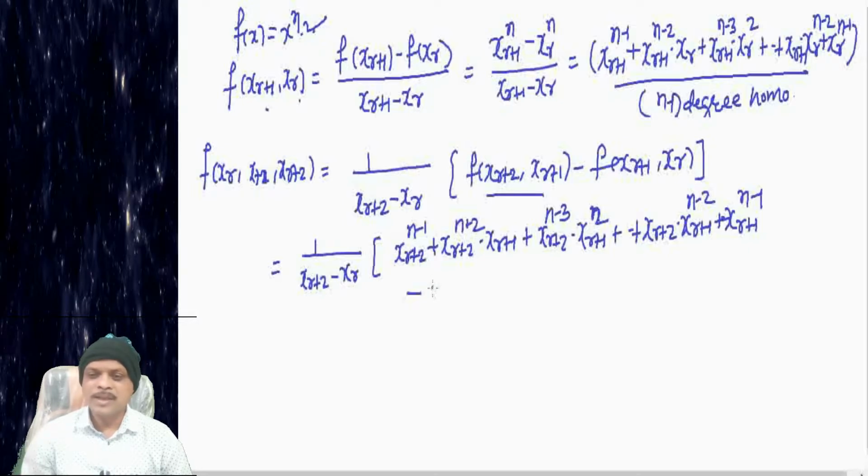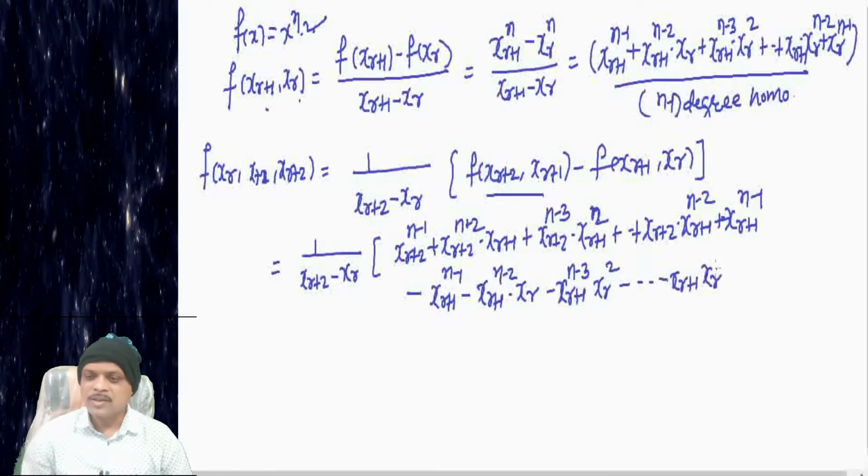Now we have minus x_{r+1} raised to n minus 1, minus x_{r+1} raised to n minus 2 into x_r, minus x_{r+1} raised to n minus 3 into x_r square, minus x_{r+1} into x_r raised to n minus 2, minus x_r raised to n minus 1. So this term will be cancelled.